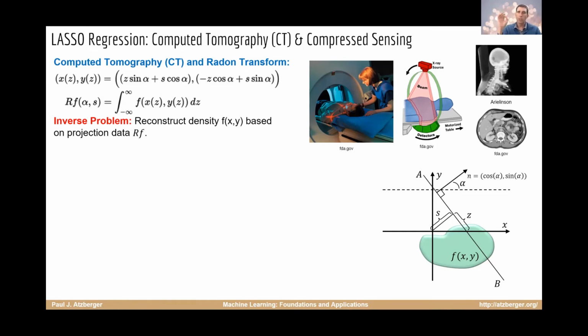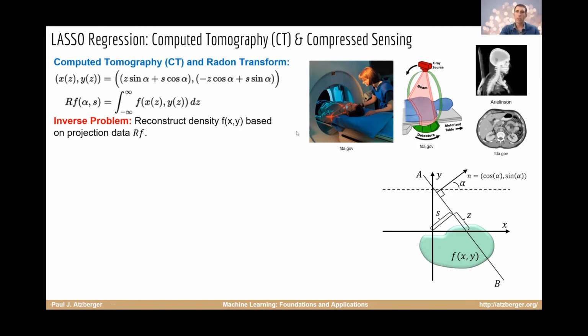What you have available is actually an integral of the path that the electromagnetic radiation took between the source and the detector. To walk you through what I'm illustrating here on the left, we model the X-ray source and its path to the detector through this line, which has angle alpha and offset s from the origin.